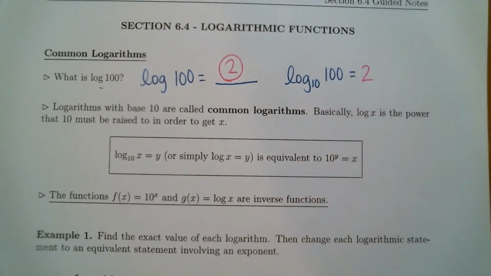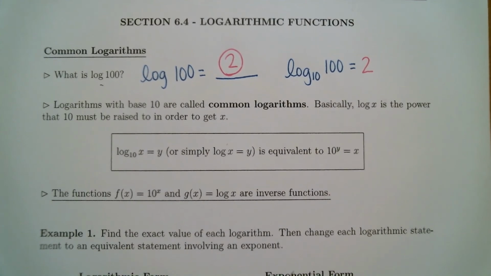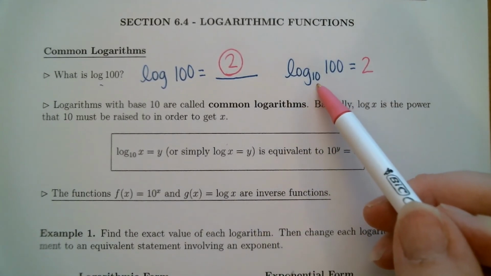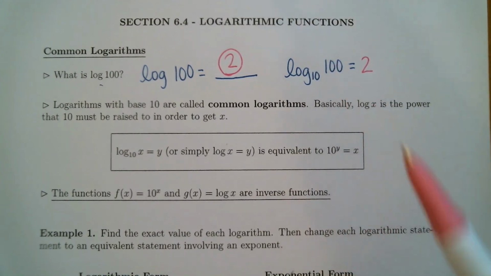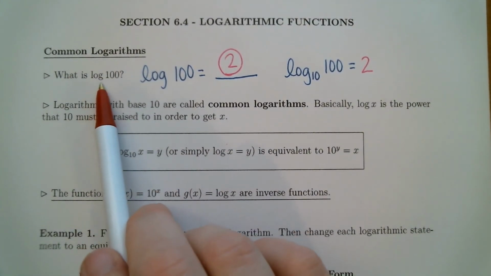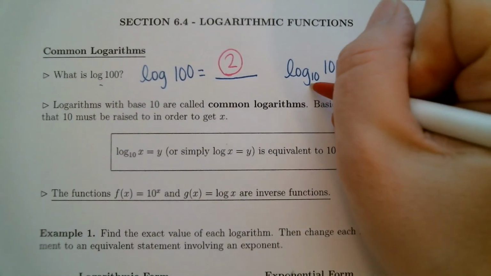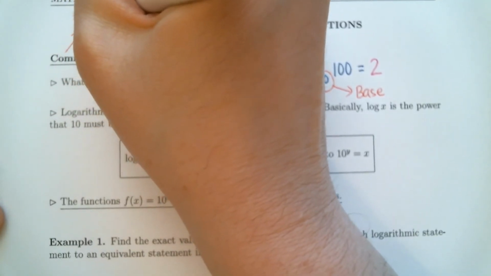With common logarithms, you are just going to see log. You're not going to see this little subscript 10 with it. You're expected to know that. The teeny tiny number is called the base of the logarithm. So a common logarithm, when it says log, is a base 10 logarithm. So common logarithms, and I'll write up here, these are base 10 logarithms.